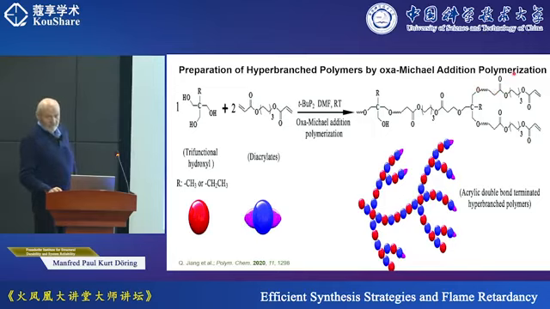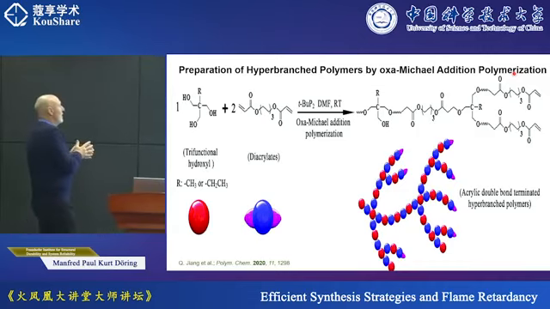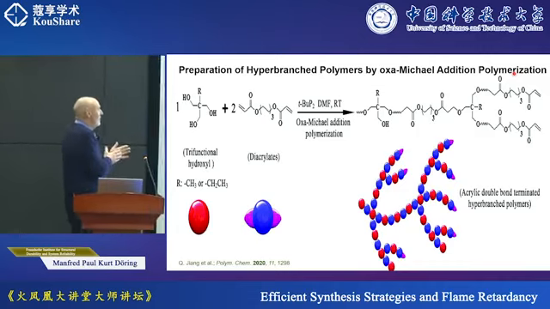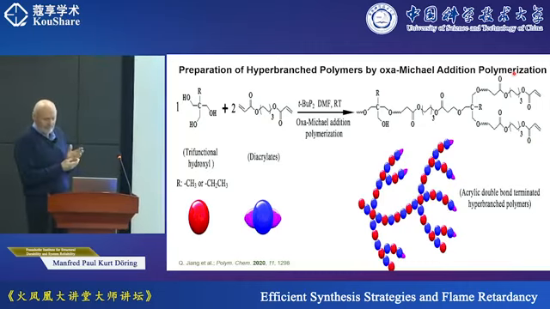This is very interesting nowadays because based on old synthesis we developed 20 years ago, these hyperbranched polymers have a very nice effect. For example, in epoxy resins or other thermosets, they stabilize the glass transition temperature or even improve it.